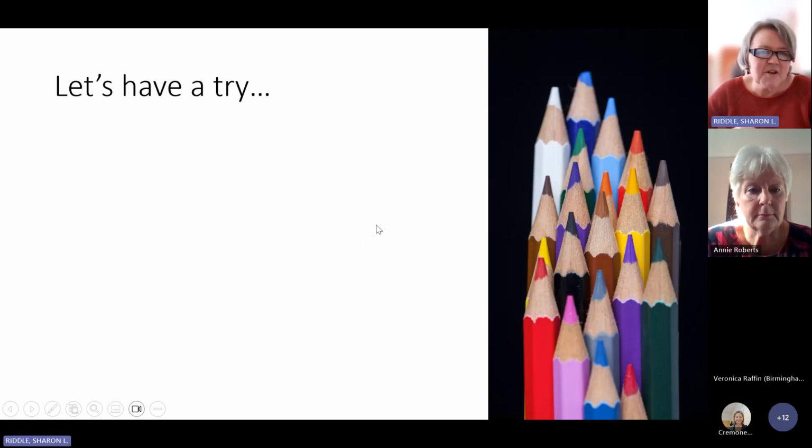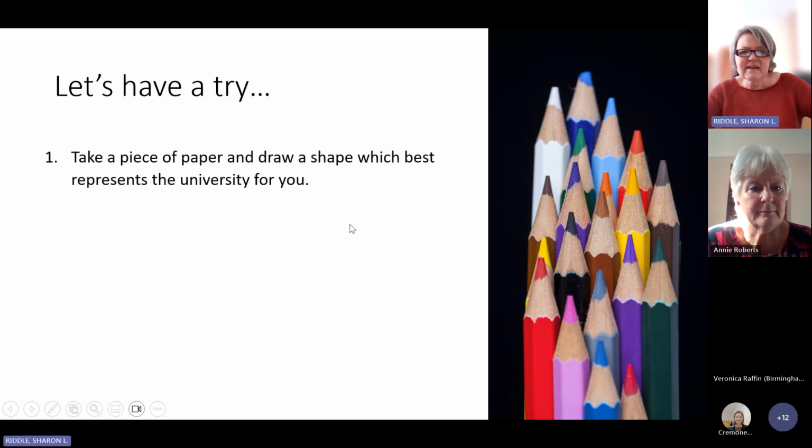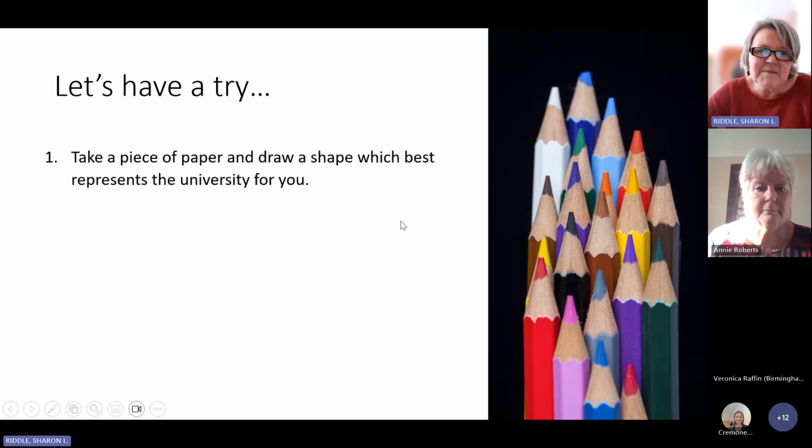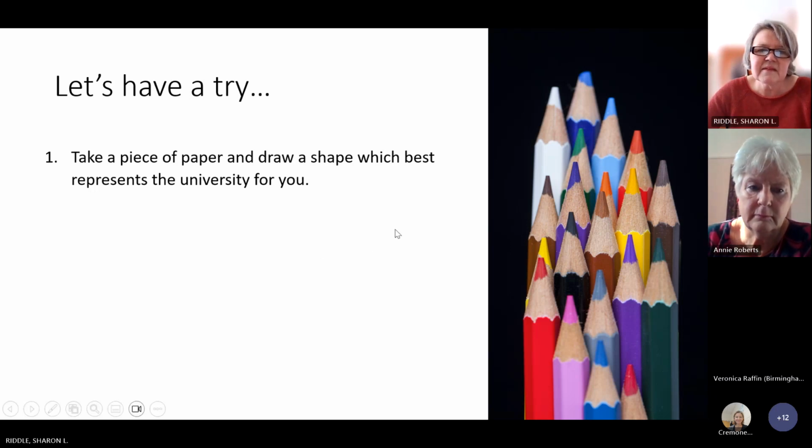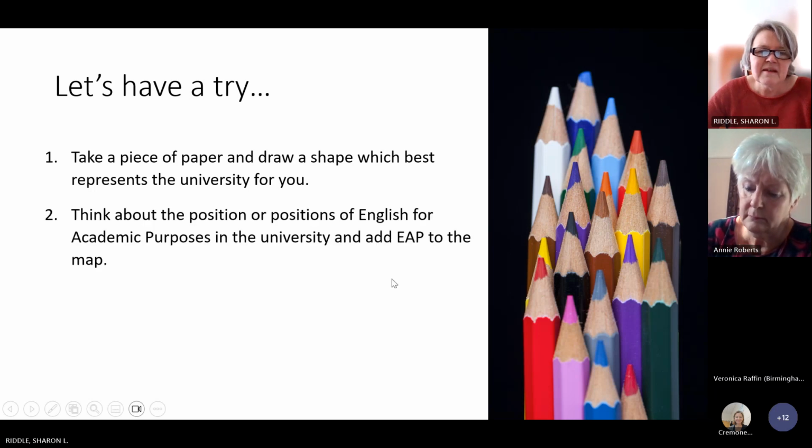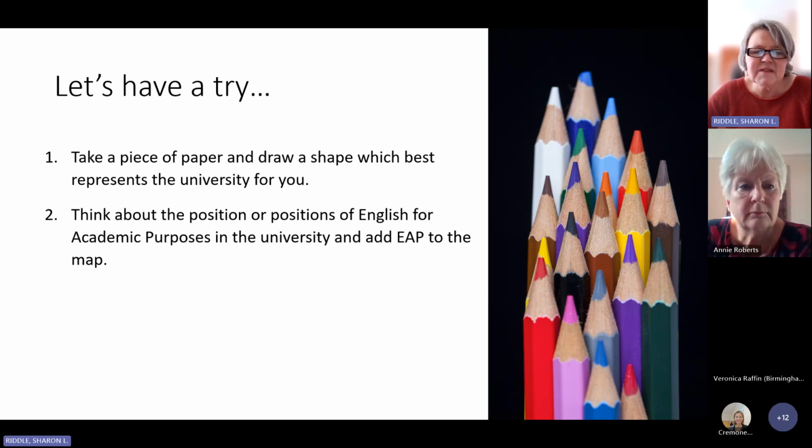Okay, so have you got a piece of paper and a pen handy? First of all, take a piece of paper and draw a shape which best represents the university for you. Then think about your position in the university and the positions of EAP and also yourself, and first of all, add EAP to the map.